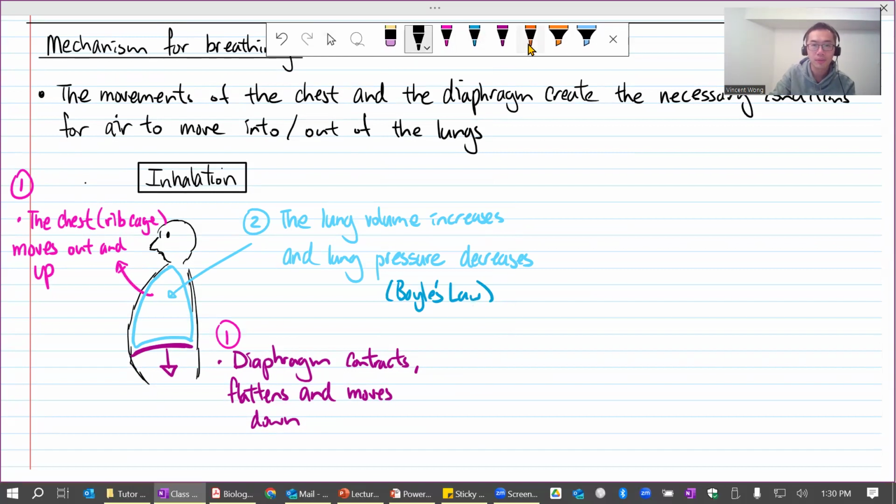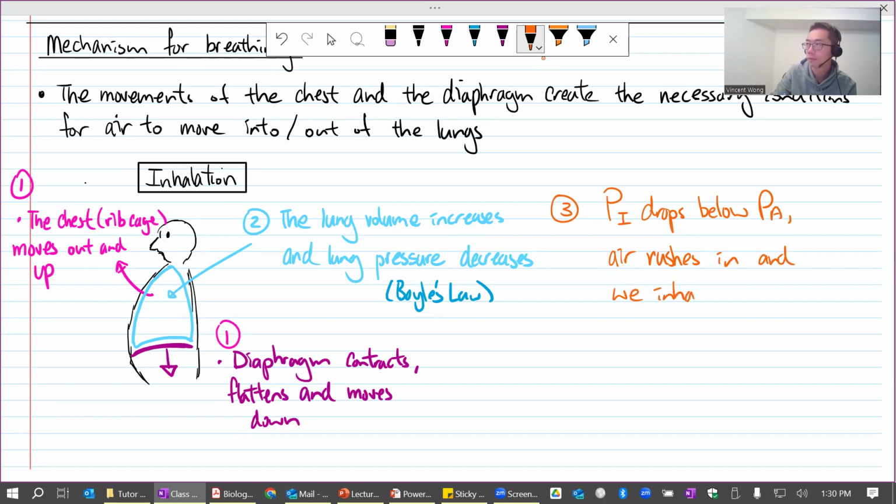And so number three, when the lung pressure drops below atmospheric pressure, air rushes in and we inhale.